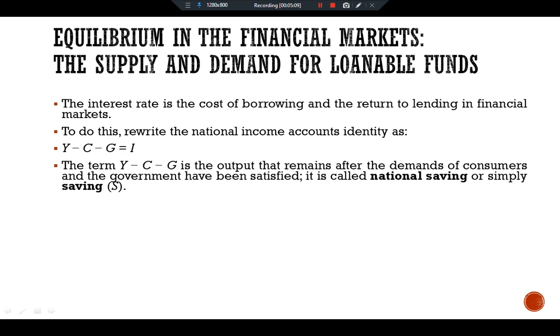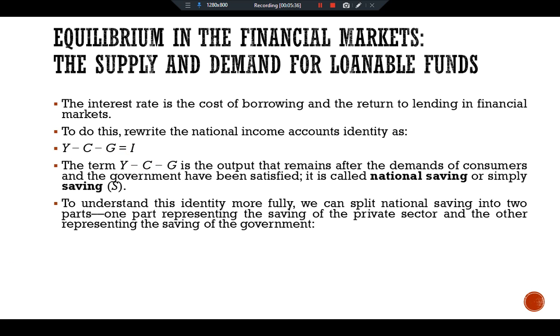Okay, here the term Y - C - G is the output that remains after the demands of consumers and the government have been satisfied. It is called national saving, or simply saving. In this form, the national income accounts identity shows that saving equals investment.